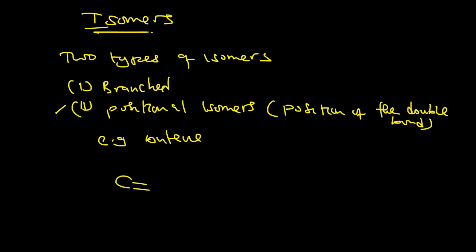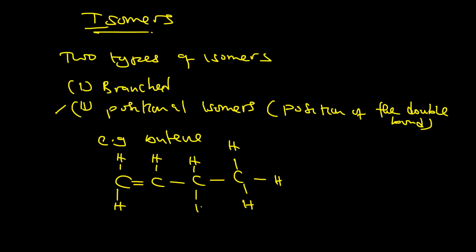Butene in terms of structure is drawn like this, with the double bond and hydrogens on the carbons. Of course, there's hydrogen that is needed there. This is called butene.